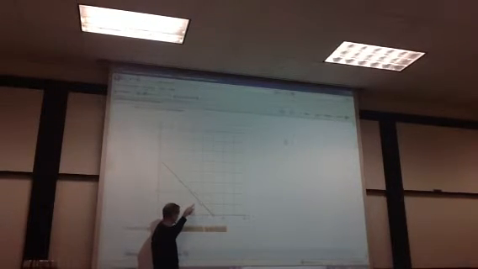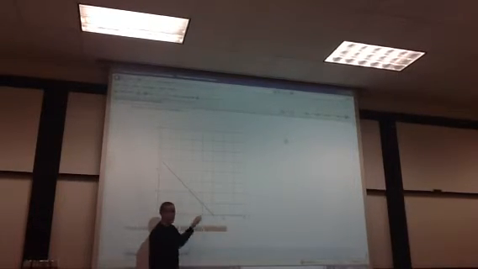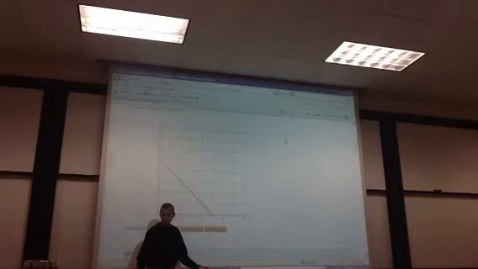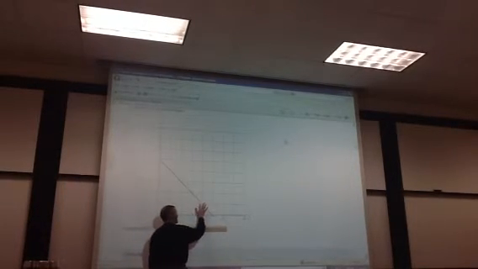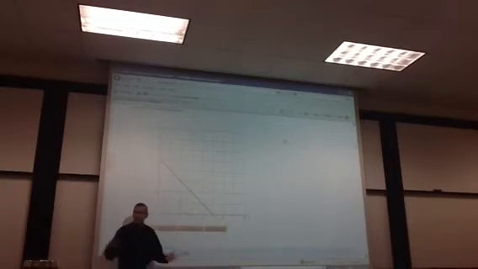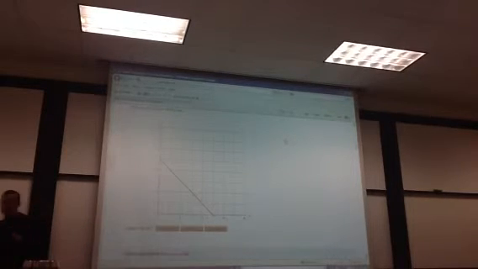The run is to the right, that's +1. So a -1 over a +1 is -1. Or if you're going from this point to this point, you could say the rise is 1, and the run is to the left, that's -1, so 1 over -1. Either way, you're going to get a 1 and a -1. So that's negative.